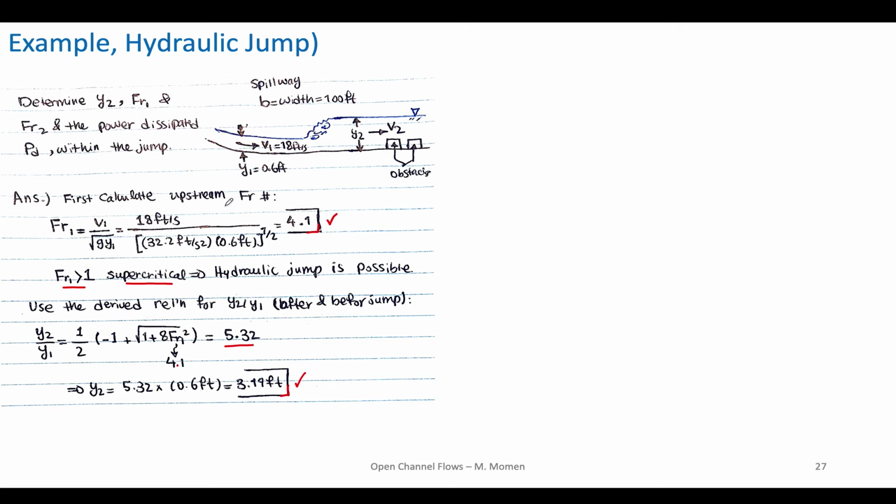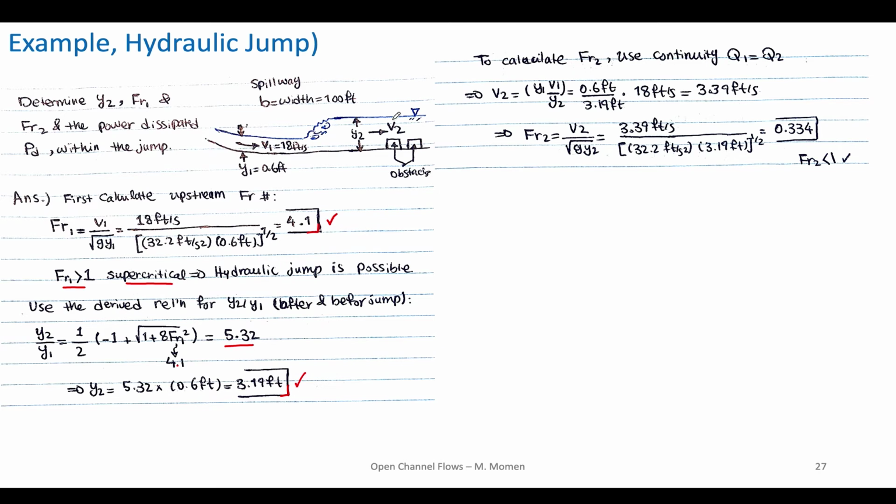And then the third thing is Froude number 2. So let's see how we can find it. In order to find Froude number 2, we need to know the downstream velocity. To find the velocity, we use the continuity equation between section 1 and section 2.